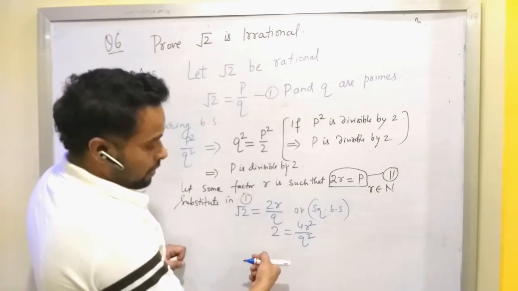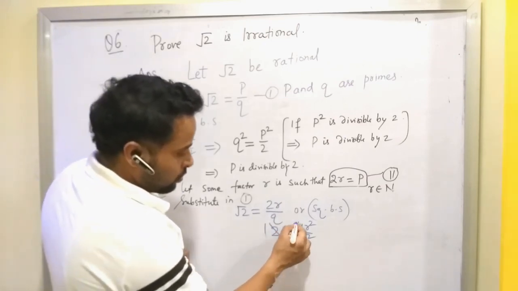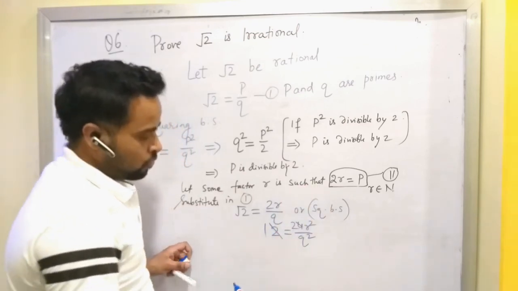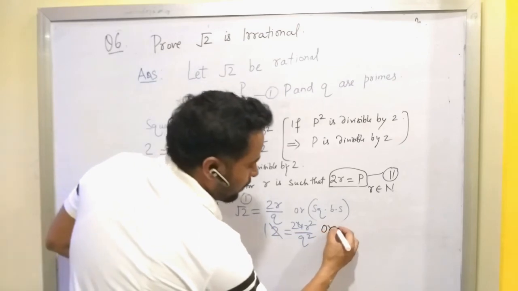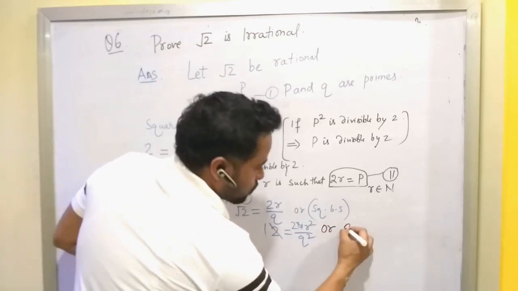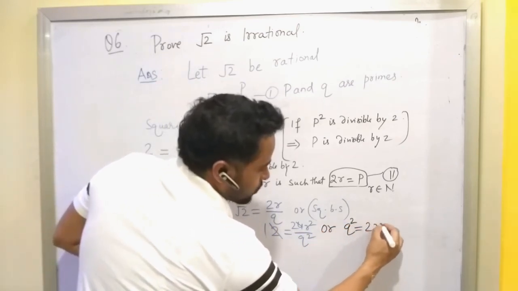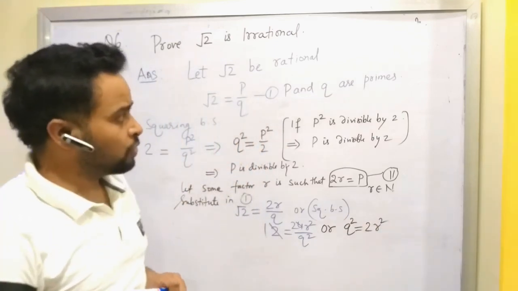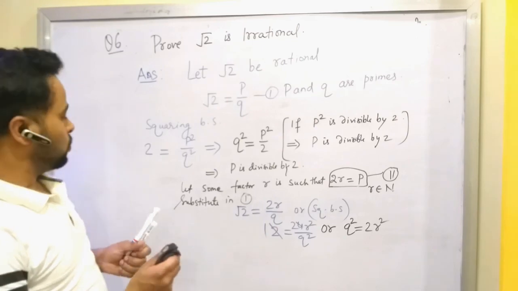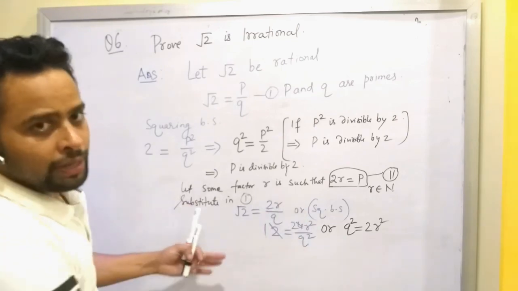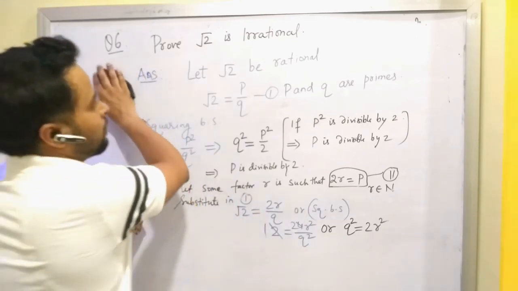So 2 ones are 2, 2 twos are 4, so 2r square by q square equals 1. Or we can even write q square equals 2r square. I am writing it here because if I write it down, you cannot see.